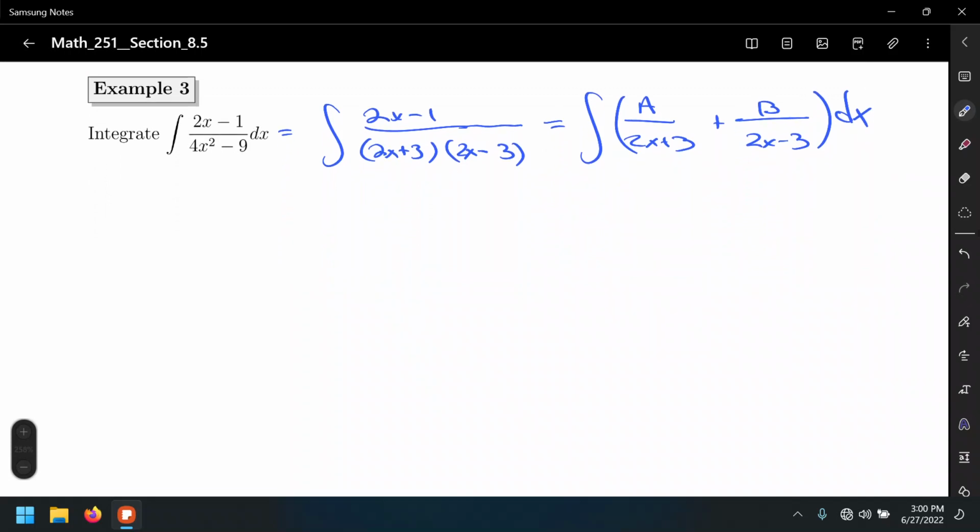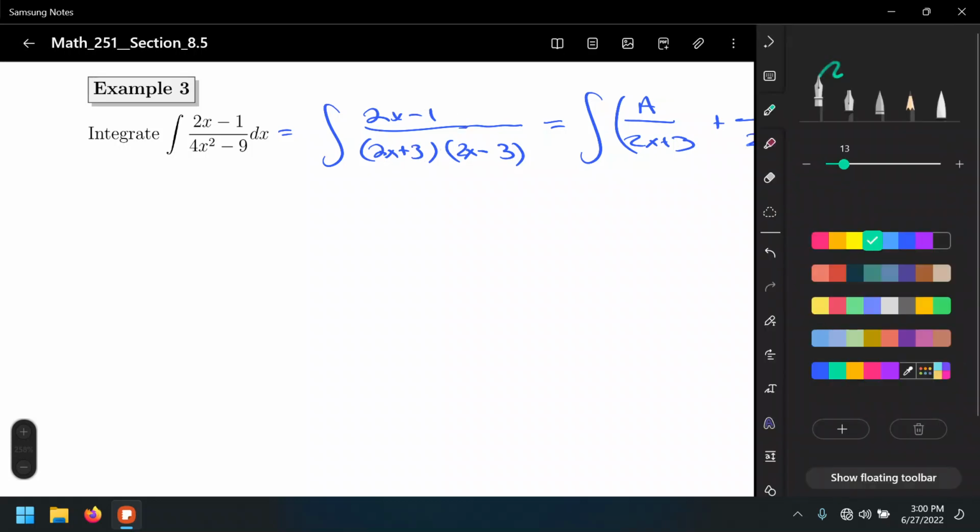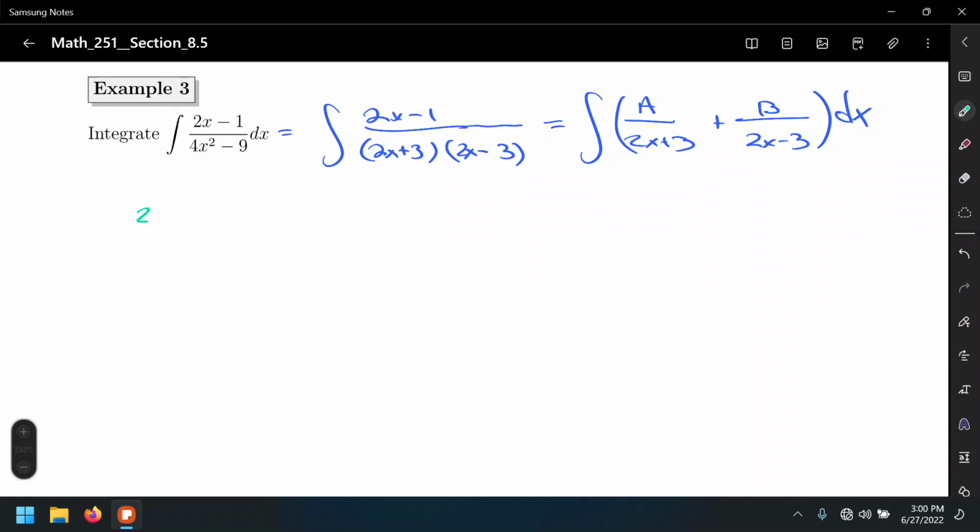So I'm going to focus on these two quantities, the 2x minus 1 over the two factors and the partial fractions. I'm going to rewrite those below. 2x minus 1 over 2x plus 3 times 2x minus 3 is equal to A over 2x plus 3 plus B over 2x minus 3.